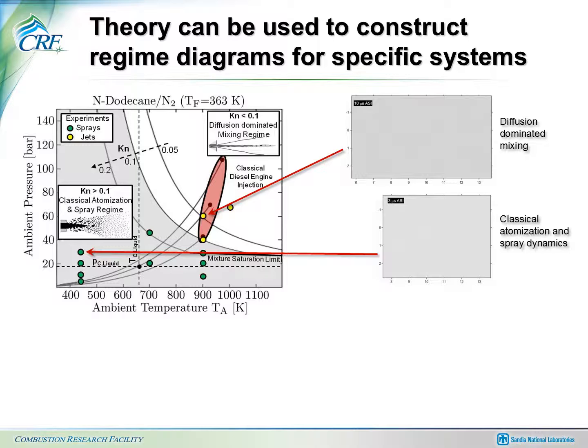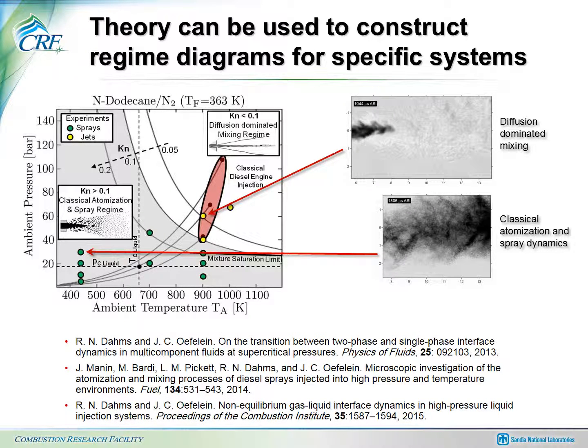And again, there are more references on this, and I'm listing the top 3, where the most recent one was at the Combustion Symposium at the bottom there, where we're starting to try to understand this from a non-equilibrium gas-liquid interface type of perspective, but that's ongoing work.